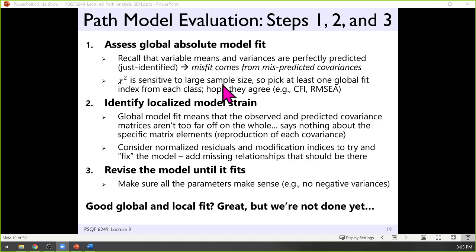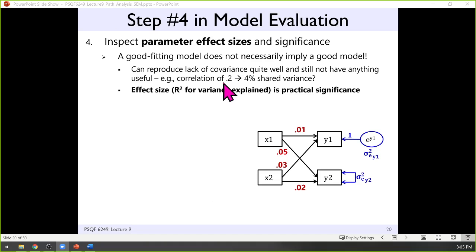All right, so we would go through the regular process of looking at absolute fit, local fit, adjust the model until needed, as well as paying attention to effect size. So one of the more common questions I get from people doing path models goes something like this. They show me an output where none of the paths are significant.